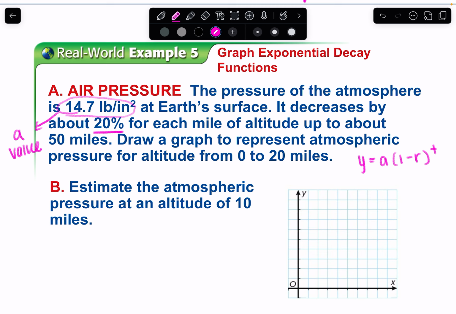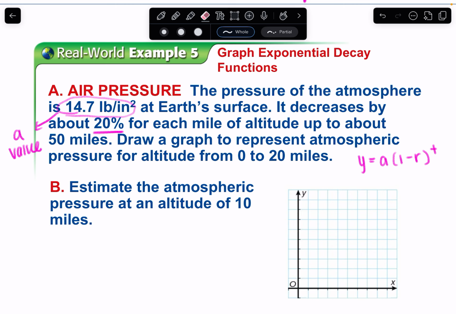Then it says it decreases 20% for each mile of altitude up to about 50 miles. The 50 miles in this is not anything that's being used in your problem.